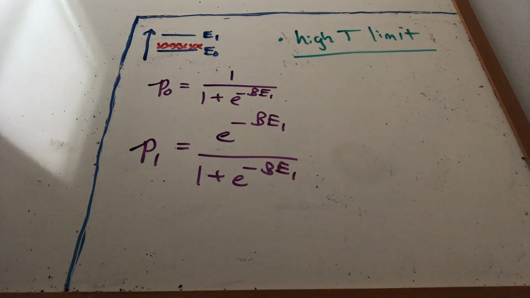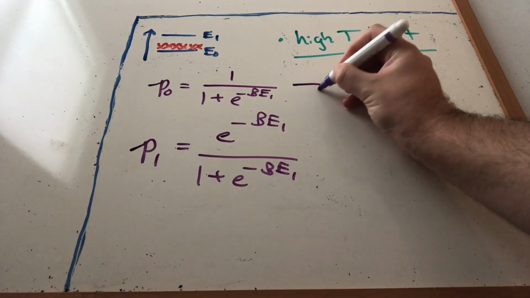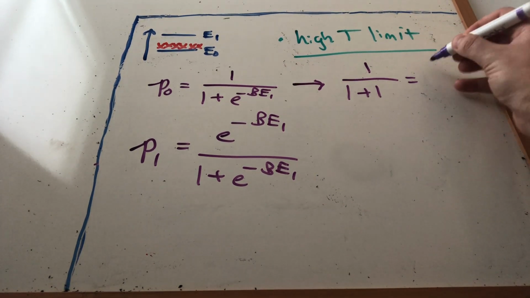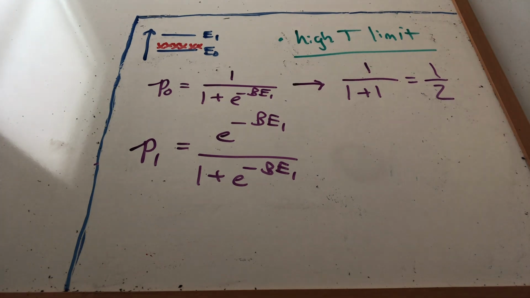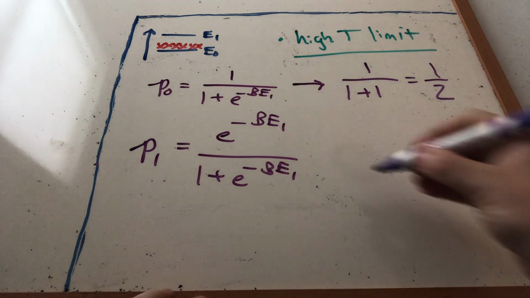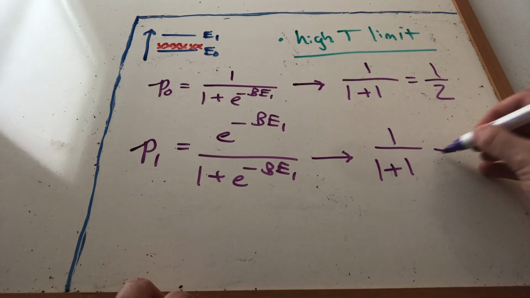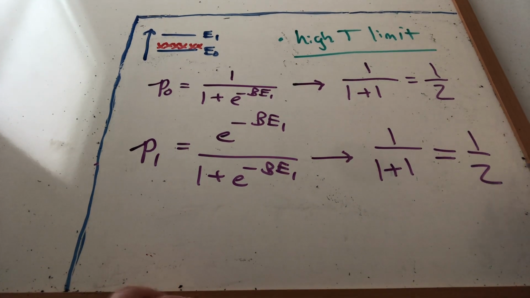In the high T limit, P0 approaches 1 over 1 plus 1. It approaches 1/2. What does P1 approach? It approaches 1 over 1 plus 1. It also approaches 1/2. And this is an incredibly important result.